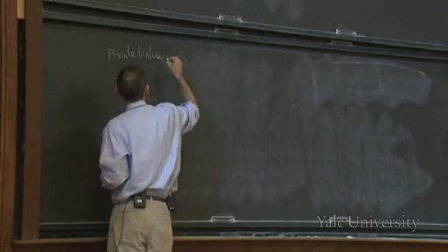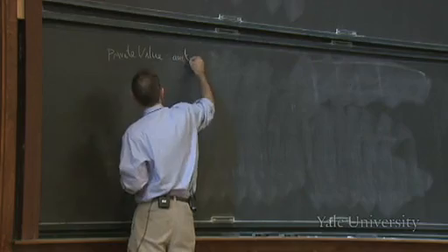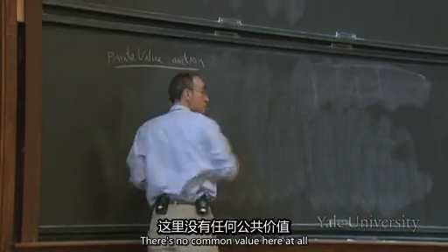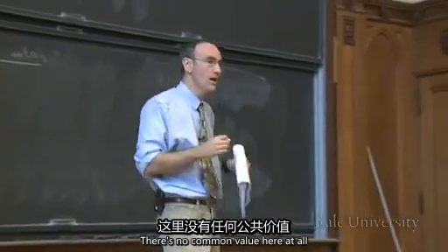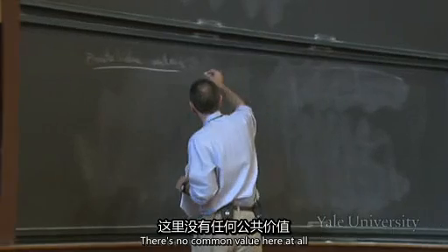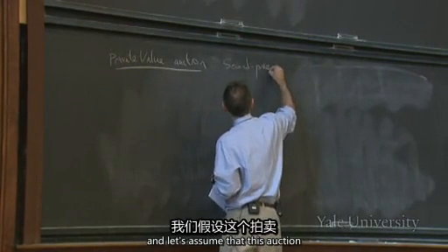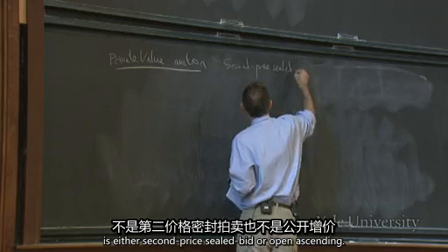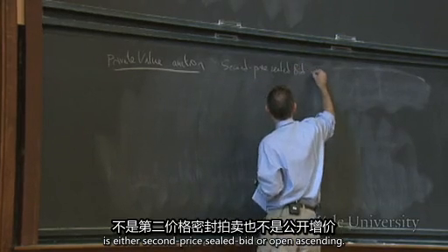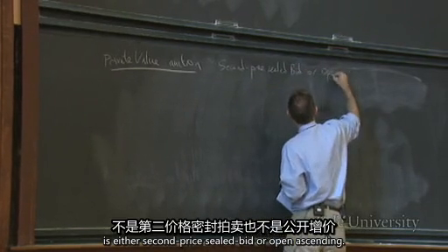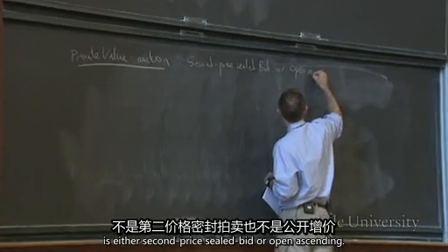There's no common value here at all, and let's assume that this auction is either second price, sealed bid, or open ascending.